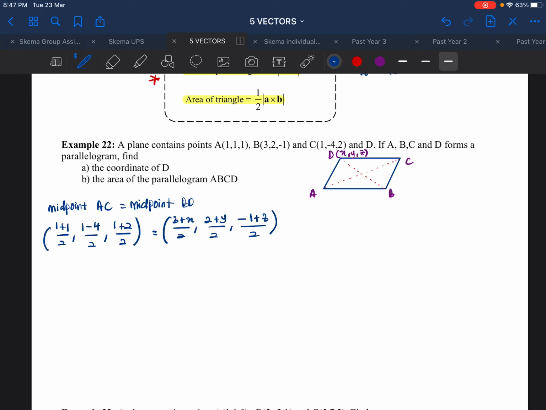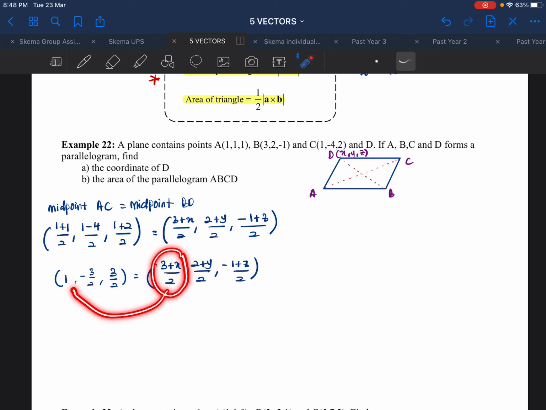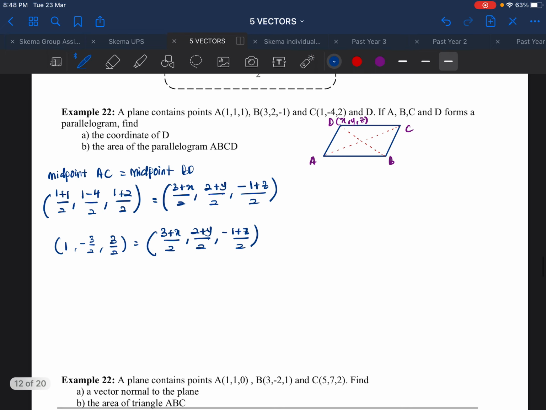So, sebelah kiri, kita akan dapat 1, negative 3 over 2, 3 over 2 equals to 3 plus x over 2, 2 plus y over 2, and last one kita ada negative 1 plus z over 2. Okay. So, macam mana nak cari? Sama je lah, kita just equatekan dua benda ni.